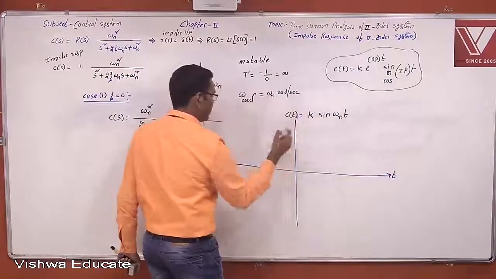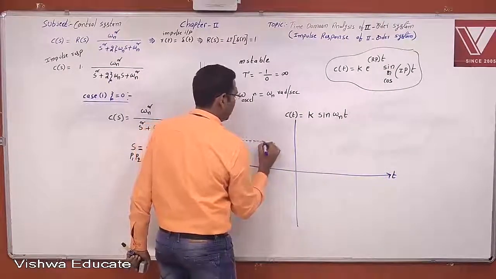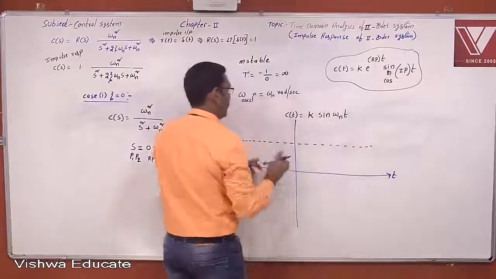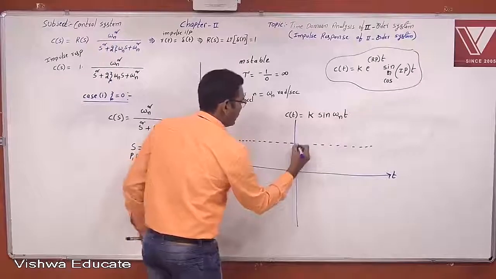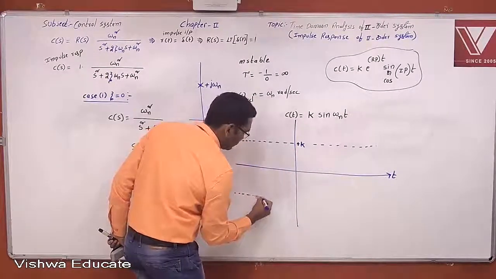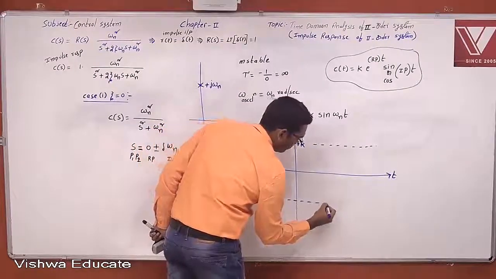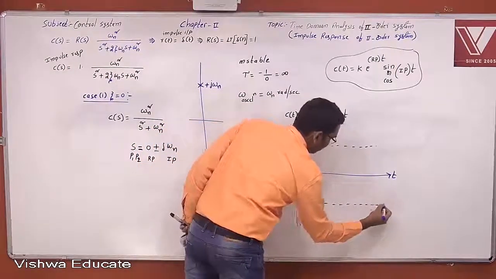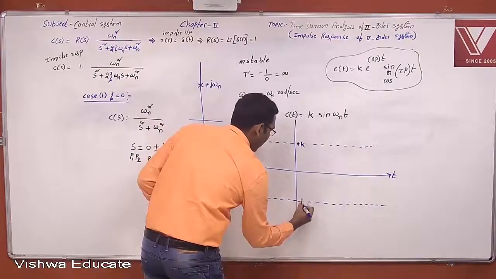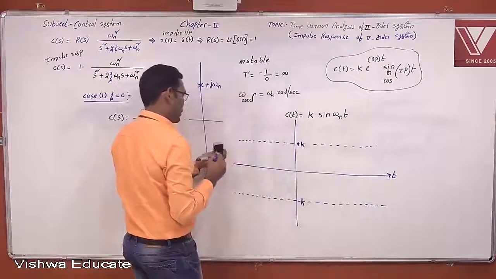Now the peak amplitude is plus K. Minimum amplitude is minus K. Peak to peak amplitude is 2K.